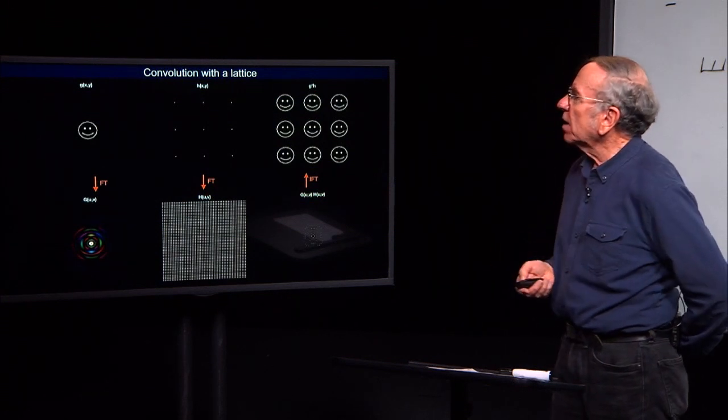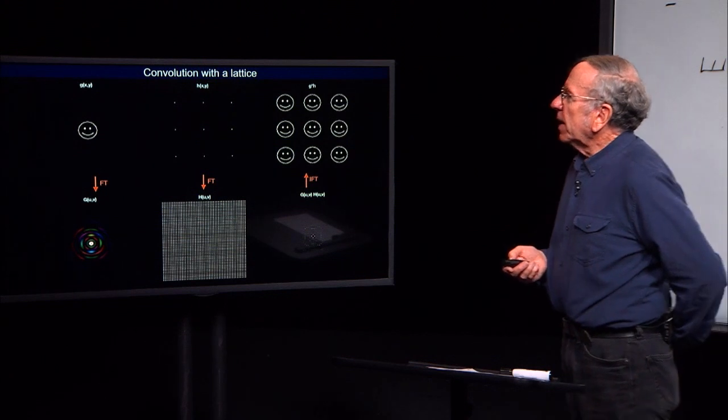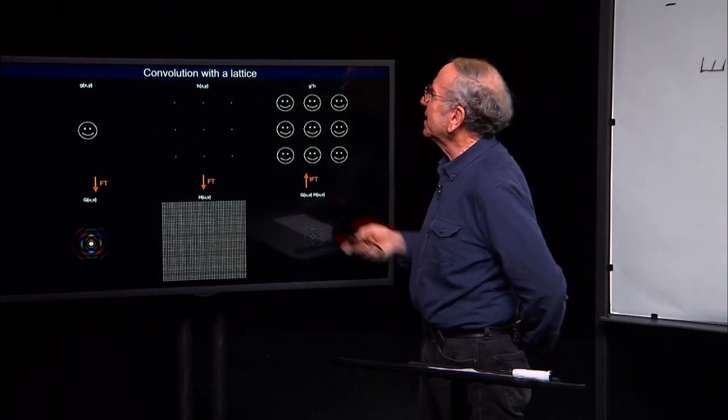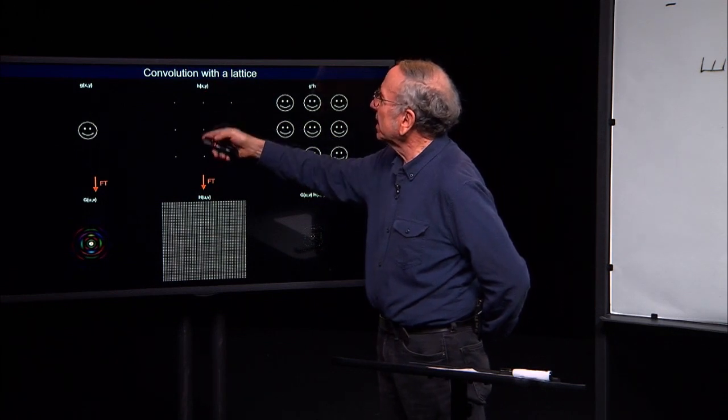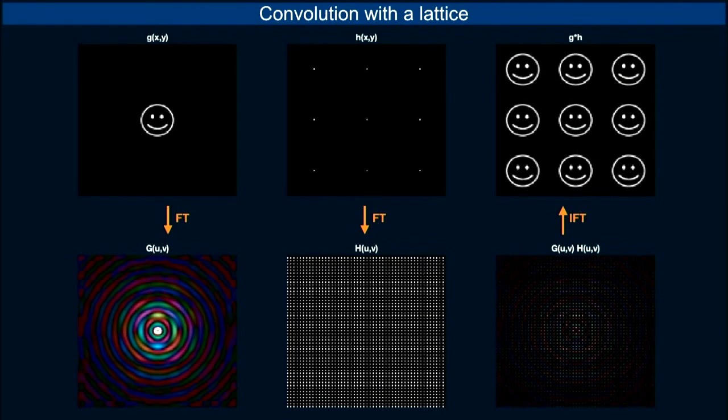We can also do convolution with a sampling function. So here is my G. It's another one of these smiley faces. Here is H, which is a lattice. And if I convolve these two, I get copies of my original image at every lattice point. And I can do this in the Fourier domain as well.